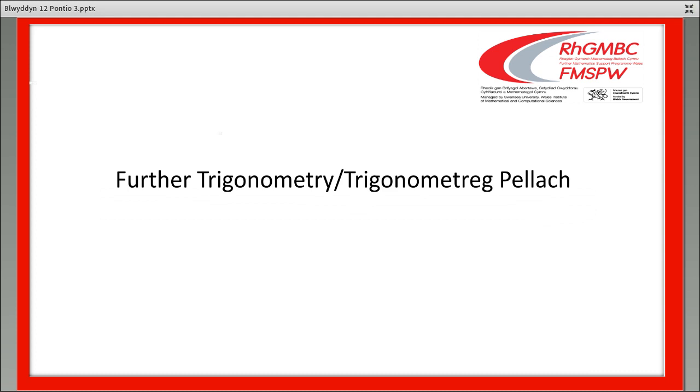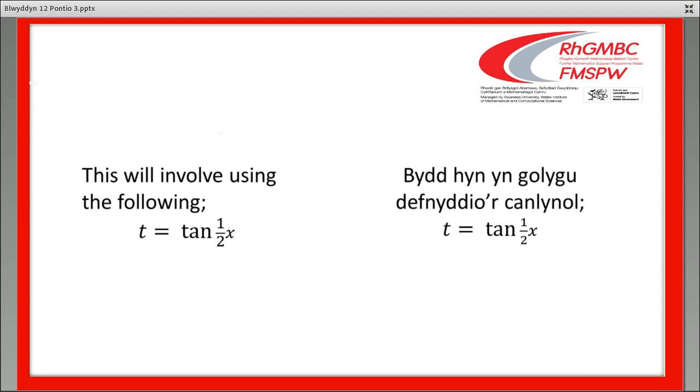Now, the first topic is going to be further trigonometry. And with regard to that, we actually start with a definition. Now, the definition is that t is equal to tan half of x.